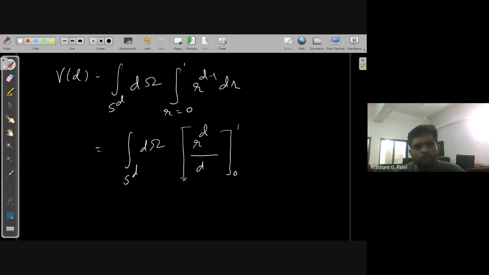Substituting 1 gives 1 upon d, and substituting 0 gives 0. So finally you have 1 upon d times the integral over Sd of d omega. This quantity is exactly the surface area of the d-dimensional unit ball, which I denote by Ad, so Vd equals Ad upon d.